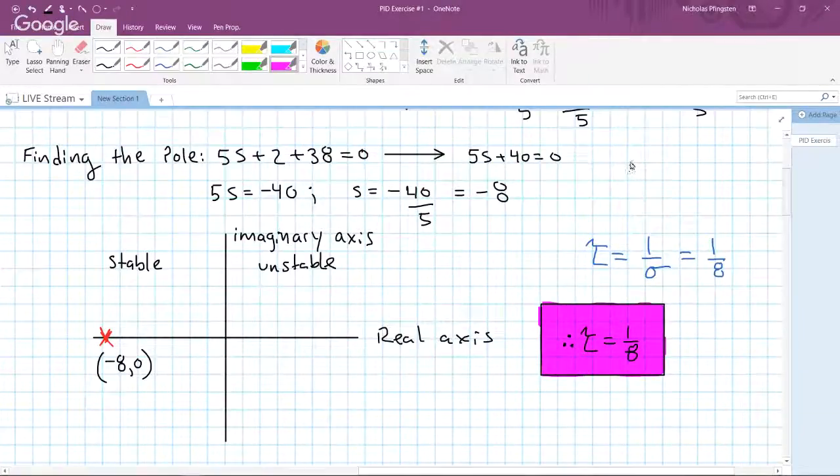All right, so that's 1/8, and that unit is in seconds. Now the last part of the problem is talking about the disturbance, the steady state disturbance.